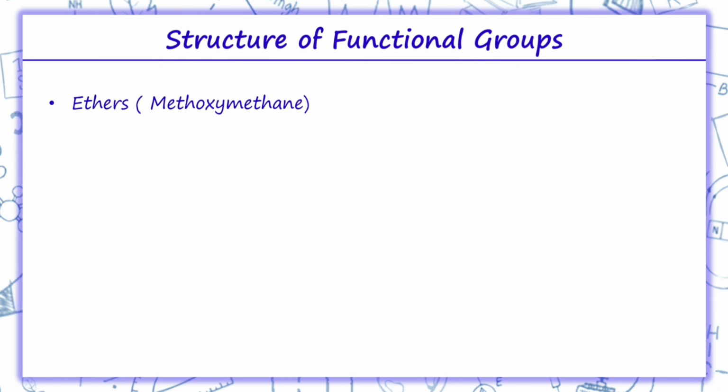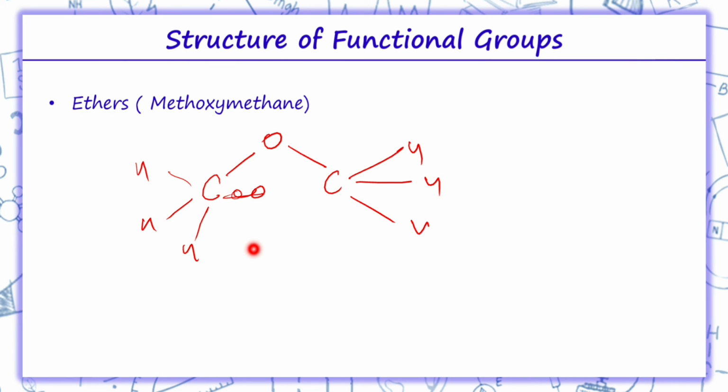Coming on to the structure of ethers. In ethers, 4 electron pairs, that is 2 bond pairs and 2 lone pairs of electrons on oxygen, are arranged approximately in a tetrahedral arrangement.